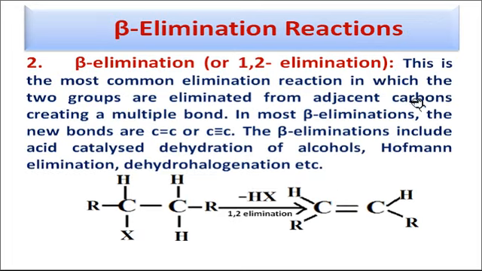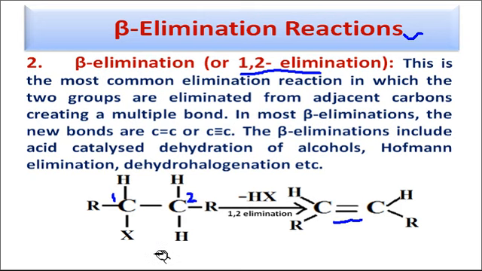Now, beta elimination reactions. These are also called 1,2 elimination reactions. This is the most common elimination reaction, in which two atoms or groups are eliminated from adjacent carbon atoms, resulting in the formation of a double bond or unsaturation. Look here, this is carbon atom number 1 and this is carbon atom number 2.